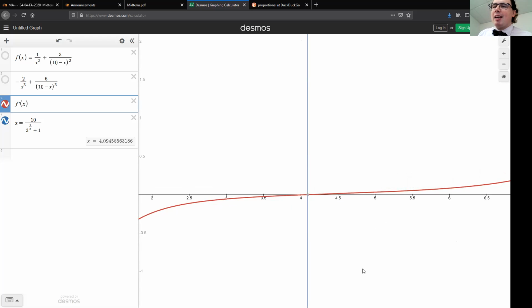So in terms of a rough sketch of a picture, when the derivative is negative, the original function is decreasing, although not by a whole lot, because I noticed that the magnitude of these numbers is not very large. When the derivative of the function is positive, the original function is increasing.